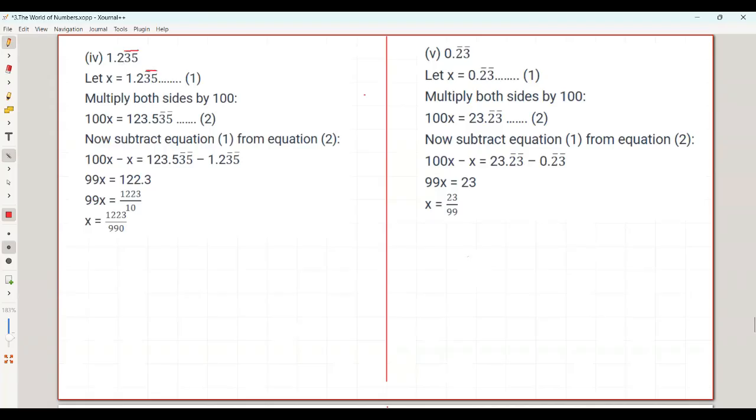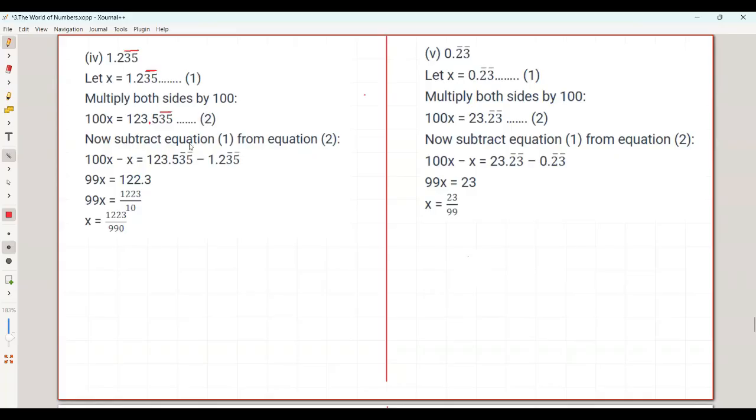Two digits are repeating, just multiply by 100 on both the sides. 100 into x is 100x. If you are multiplying by 100, the decimal will move towards the right side 2 places. So you will be getting 123.535. Make sure that after the decimal point, we should have an equal number of decimal places. Here 3 means here also should be 3.